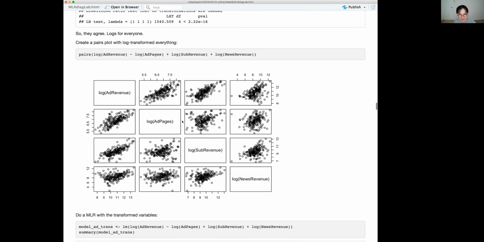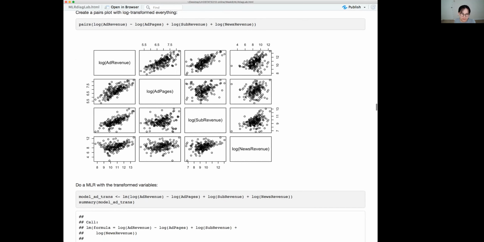After log transformation, we can tell among those predictors we do not have a collinearity problem. And the new y has a much better linear relationship with all of them, compared to the untransformed version of the model, right?